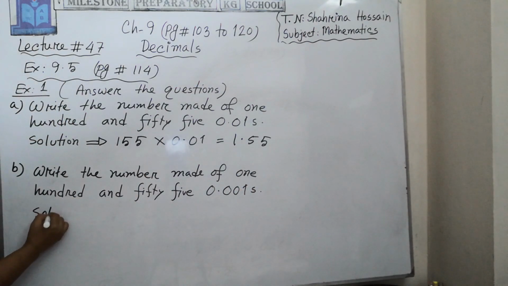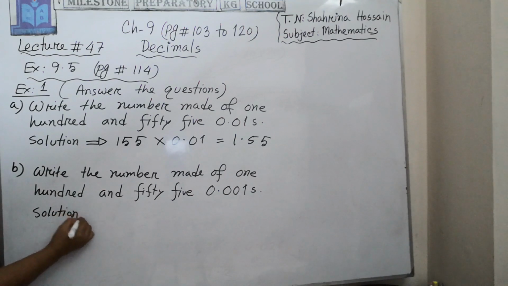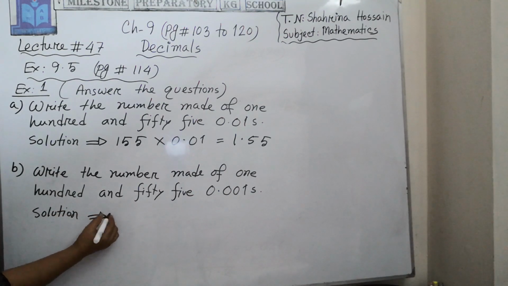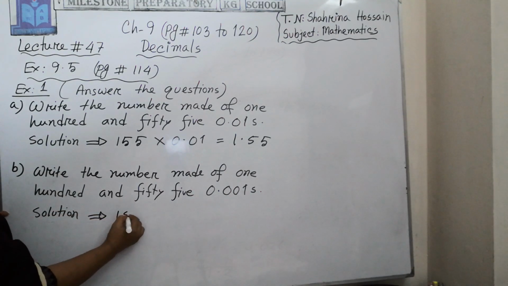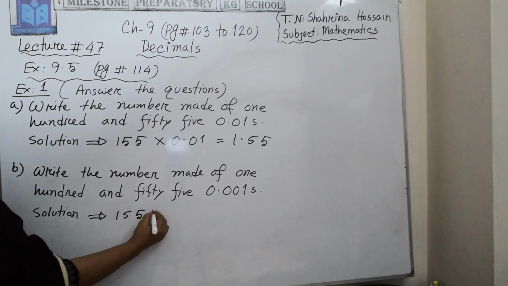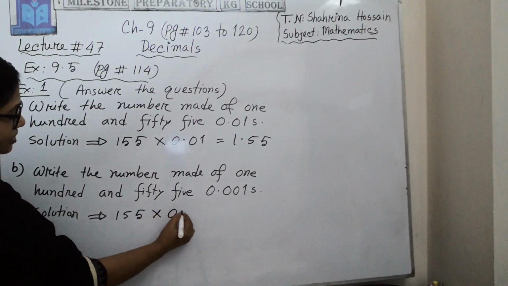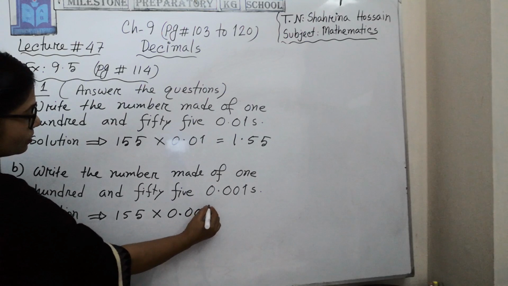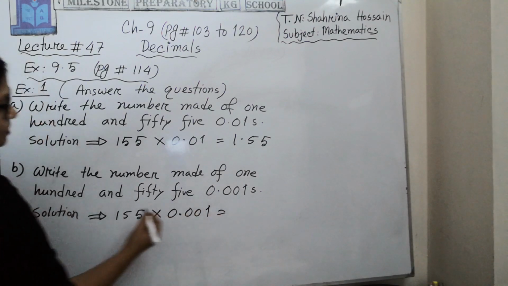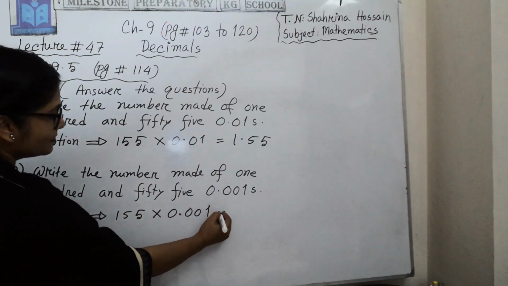So the solution is the same. The multiplicand is 155 and the multiplier is 0.001. So what will be the answer?